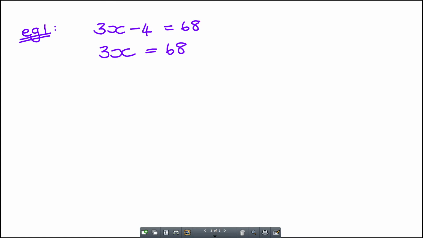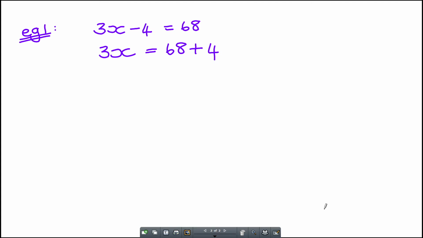Now, we said that minus 4 needs to move over, and as soon as I move something to the other side of the equation, it becomes the opposite. So that minus 4 will become a plus 4. You guys fine with that?